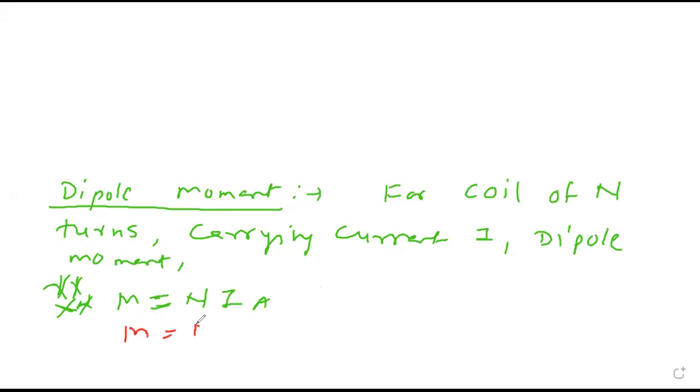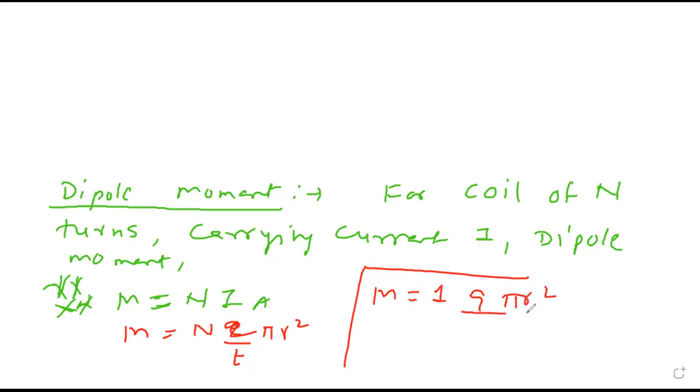Now N means number of turns. Current can be written as rate of flow of charge. I am assuming an electron. Area is pi r square. If you take any charge q, then current is q by t. Number of turns per unit time is called frequency, or if turn is 1, then the time taken is called time period.